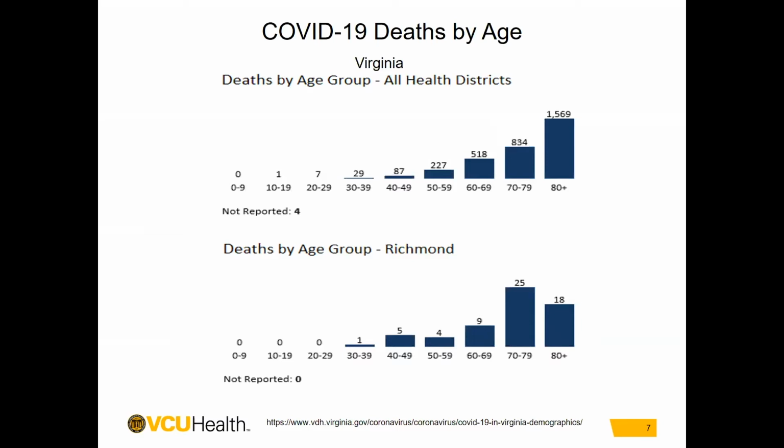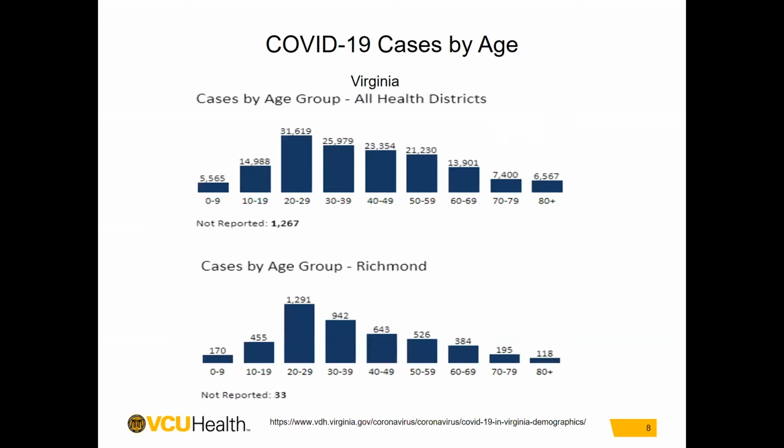And that is both at the state level, at the local level, and across the country. However, what is very interesting is that when you look at the distribution of the cases, we are now starting to see a shift in an increase in cases in younger populations, specifically in the 20 to 29-year-olds. Now, while the risk factors are much lower for the 20 to 29-year-olds, we are seeing significant increases in the cases.